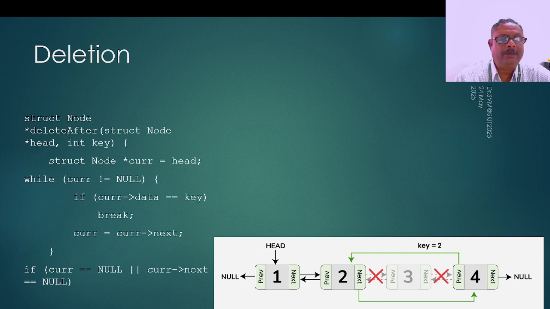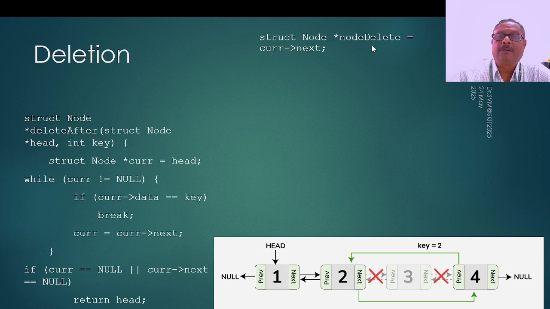Once we have done that, then we check if this node is null, or if the current's next is null. If the current's next is null, this will be the last node, therefore we don't find any next node. Therefore in this case we just return the head, can't do anything.